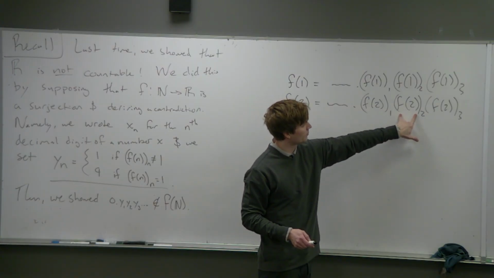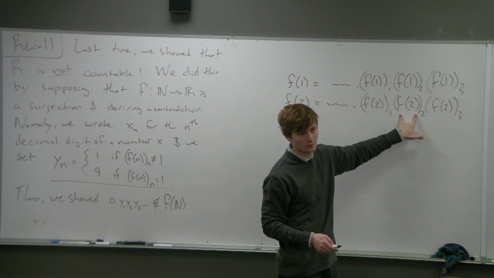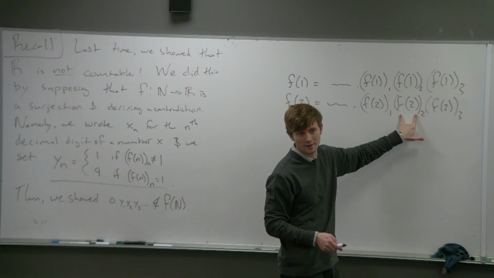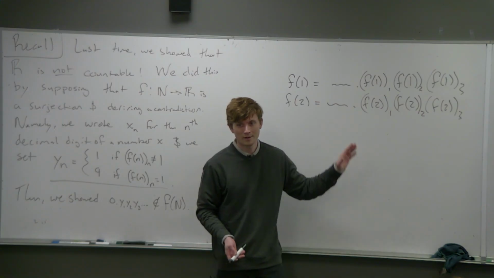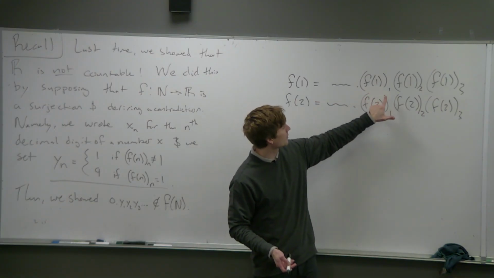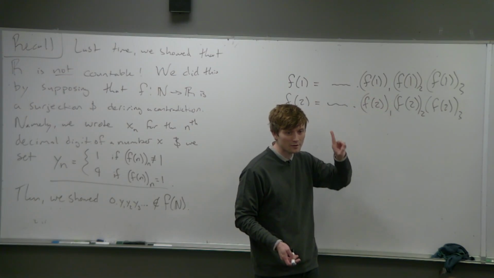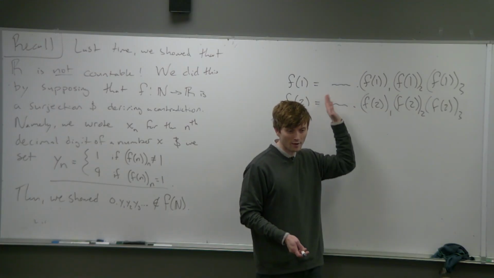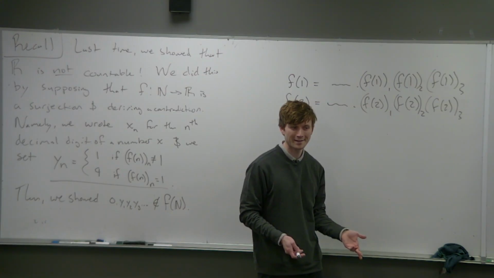Well, if f of 2's second decimal digit is 1, well, then it's different. And if it's not 1, then it is 1. Hence, it's different. And so we're basically going through and saying, hey, we'll make sure that this disagrees with f of n in at least one decimal digit for every possible n. Hence, it can't be equal, right?